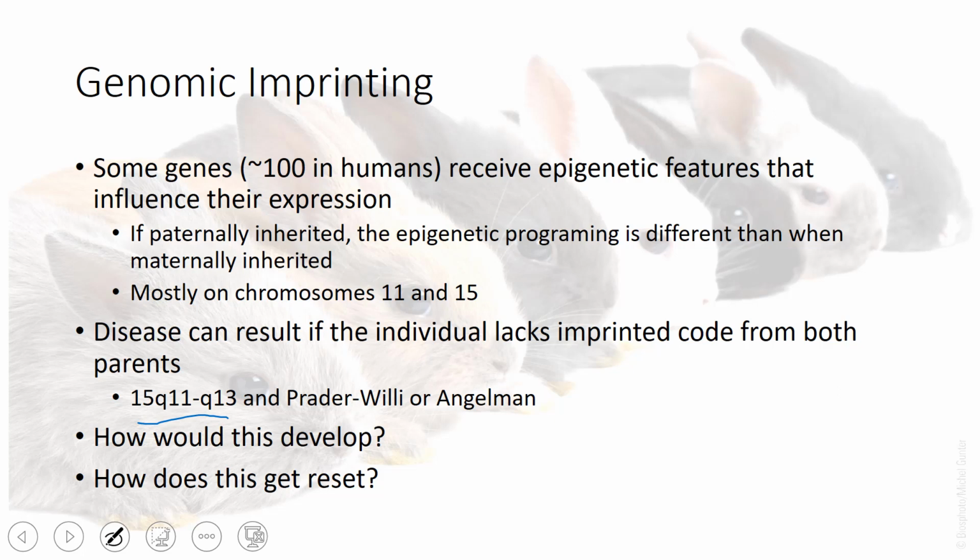Your dad's version of that chromosome 15 that you inherited is going to have the maternal imprinting patterns. But when he passes it down to you, it's going to be passed down with the paternal epigenetic imprinting factors. And so you get an interesting phenomenon in which these imprinting patterns have to be reset.